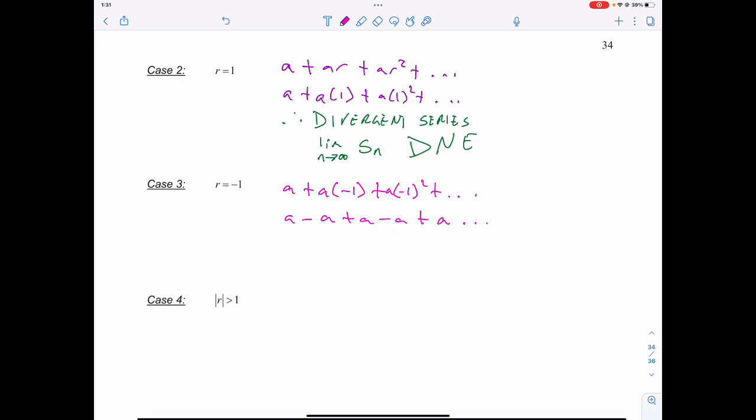Now, this is just going to give me a sum of a and then 0, then a and then 0, then a and then 0, which means that this is going to be divergent, oscillating, which we all know means that this is going to have an infinite sum that does not exist.